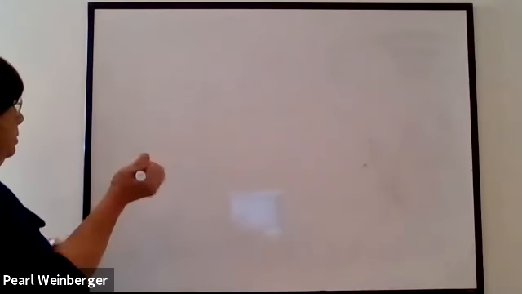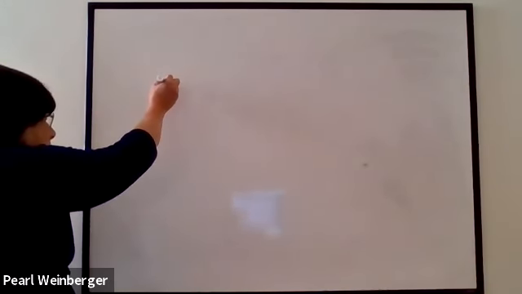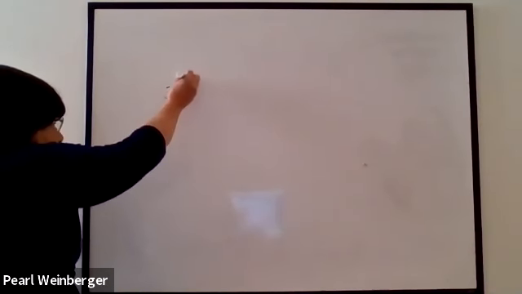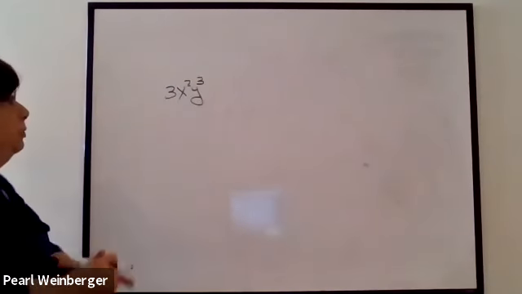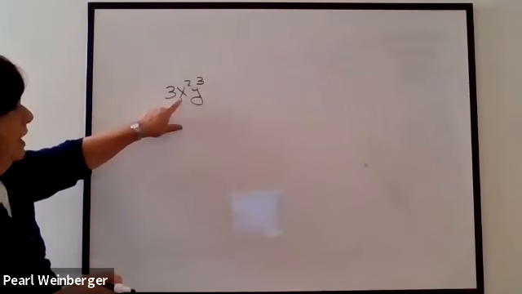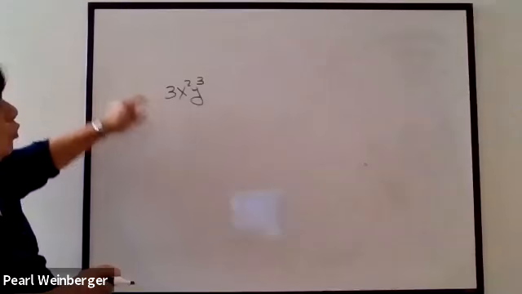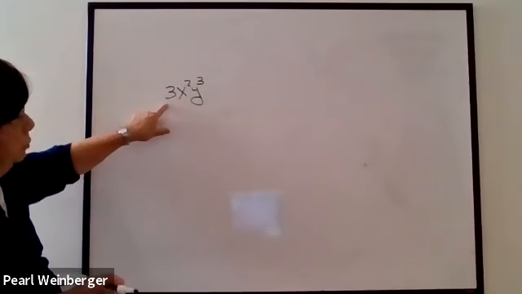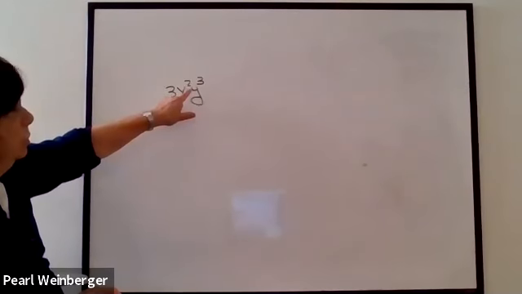So number one, if you have everything in your expression connected by multiplication, for example, you have something like 3x squared y cubed. The operation involved here is all multiplication. 3x squared means x times x, y cubed means y times y times y.